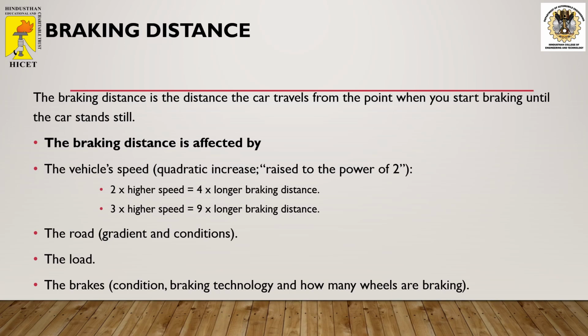The condition of the brakes or the braking technology, whether it has ABS, or front disc brakes and rear drum setup, or an all-around disc brake setup, all these things play a vital role in stopping the vehicle in the stipulated time. So these are also major factors which play a vital role in braking distance.